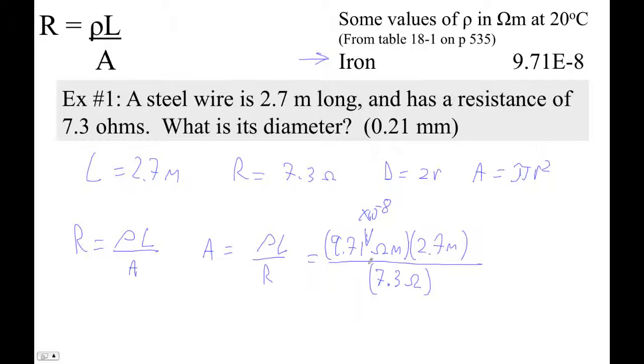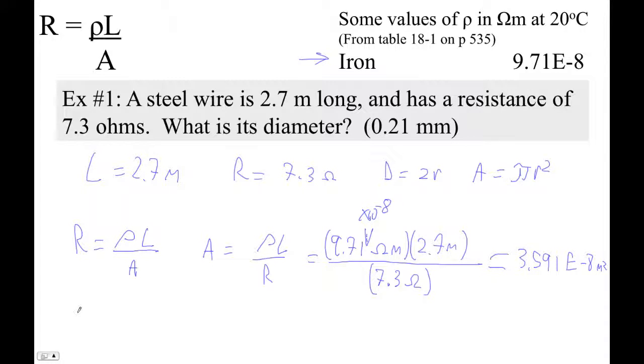Okay, now we're cooking with gas. So we've got 3.591 e minus 8 square meters.